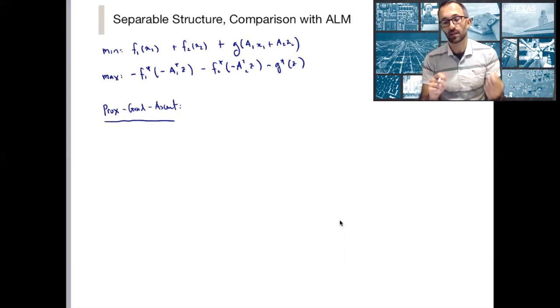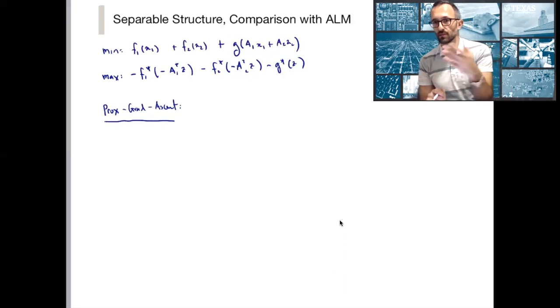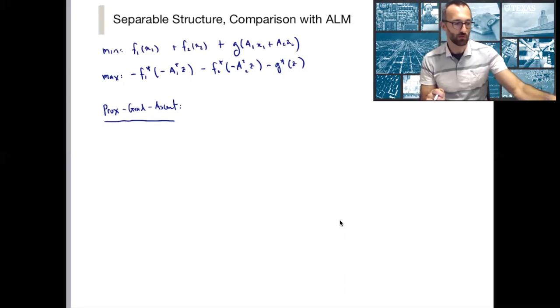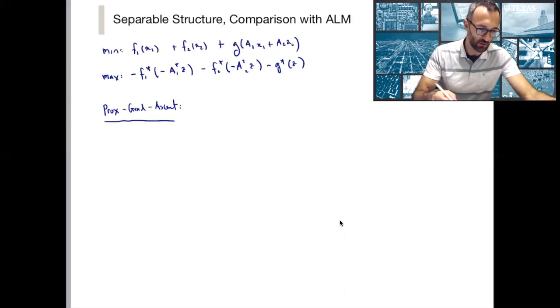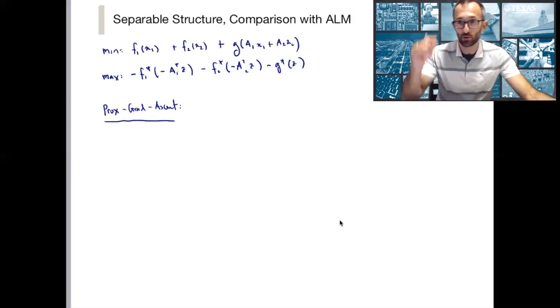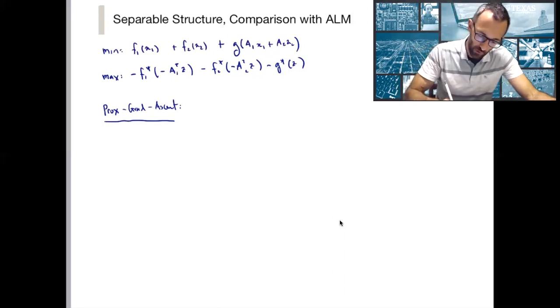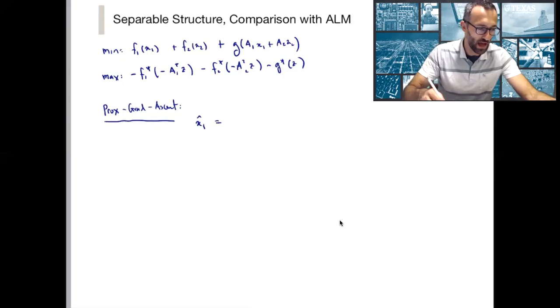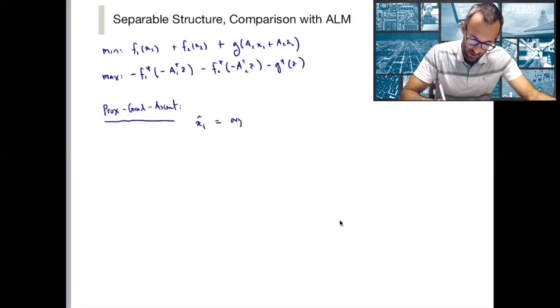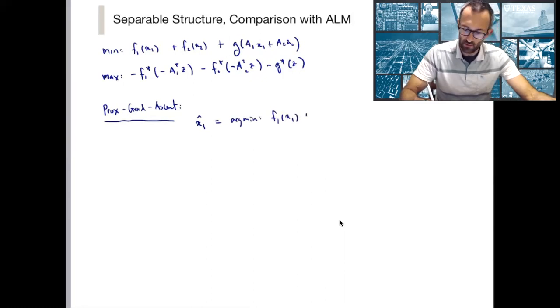And then instead of prox g star, I can do z plus prox g. This is the flow of what we've seen so far in this lecture, so I'm not going to rederive all that again. Basically, proximal gradient ascent, putting those steps together, would give us the following algorithm. x1 hat is equal to argmin of f1 of x1 plus z transpose A1 x1.